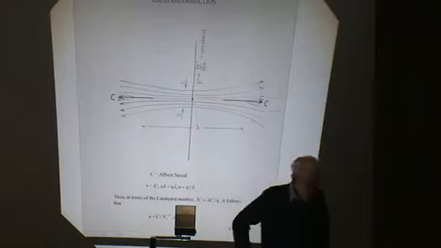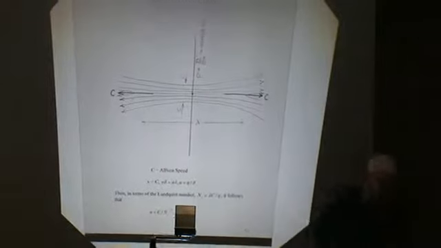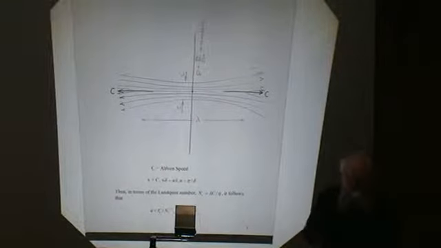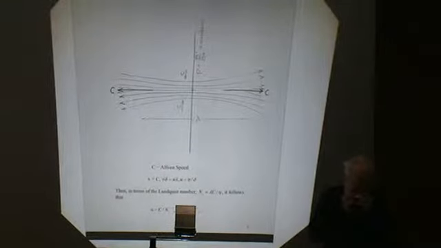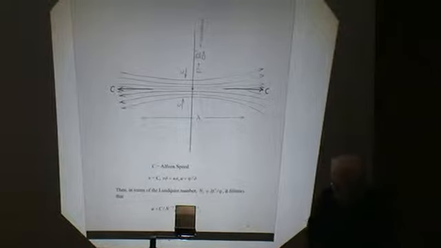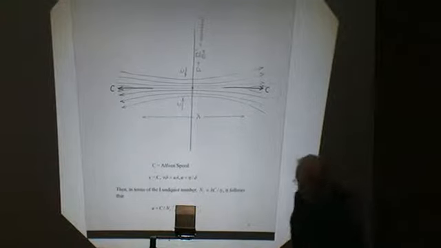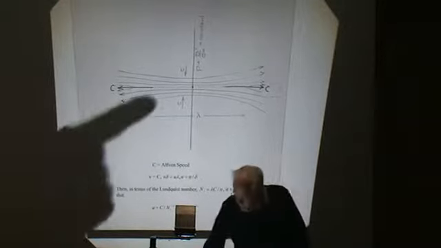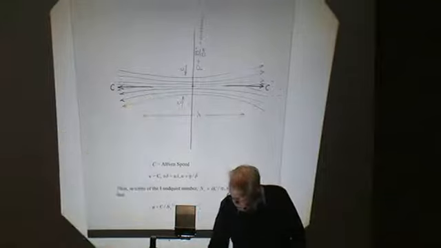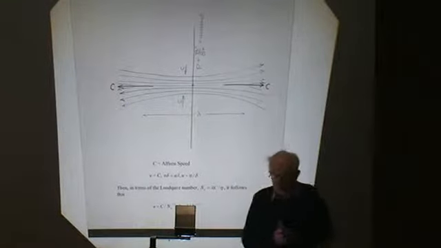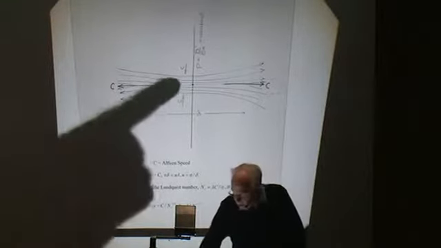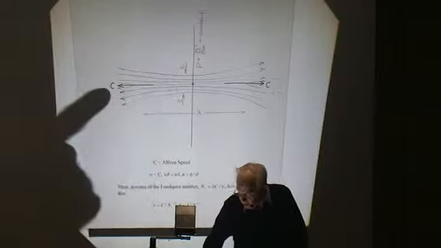Rapid reconnection occurs when two oppositely directed field components are pressed against each other. I've drawn a sketch here. The fluid from between those two oppositely directed field components is expelled because the pressure is higher here in the center than elsewhere.